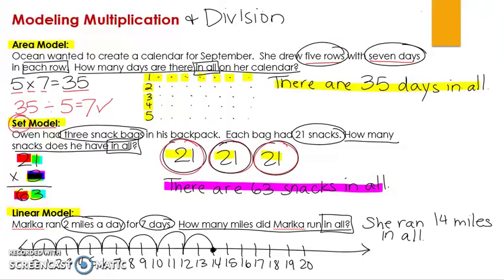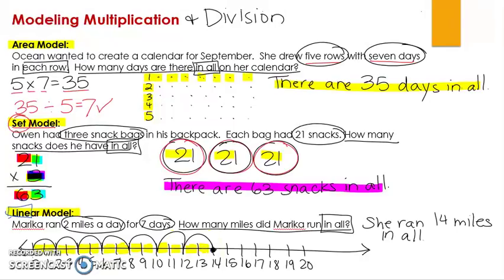And the last model is what we call a linear model. Notice the word line in linear. Marika ran 2 miles a day for 7 days. How many miles did Marika run in all? Well, she ran 2 miles a day, so there's 2 miles in each group.